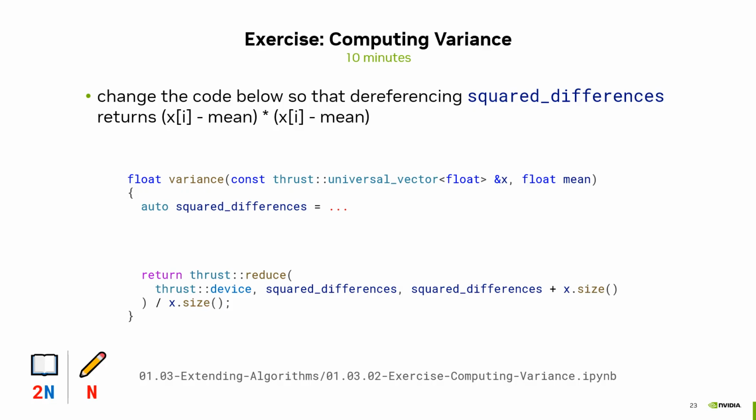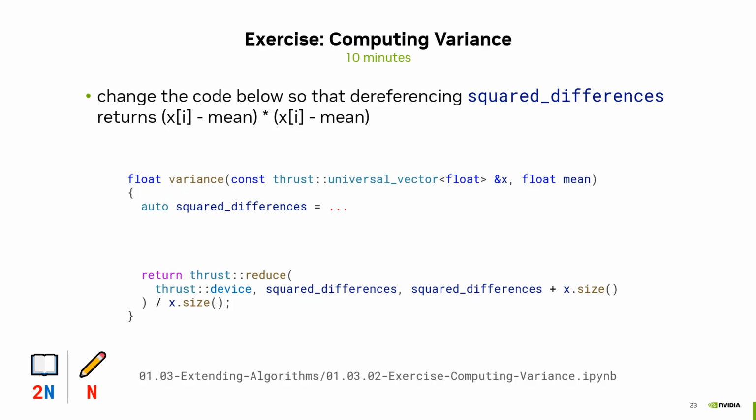A naive approach would create a whole new buffer in memory to store these squared differences, which wastes both time and space. Instead, since you now know how to handle this using fancy iterators, you'll compute squared differences on the fly, feeding them straight into the reduction without ever creating a separate array.